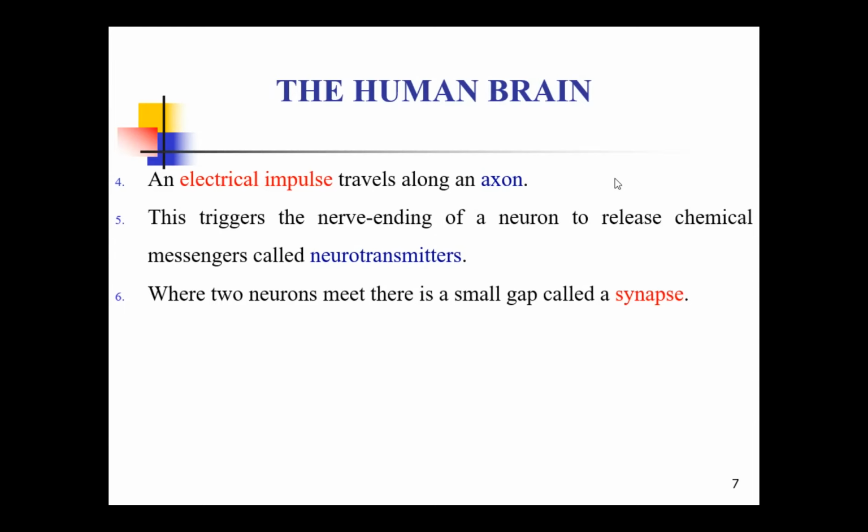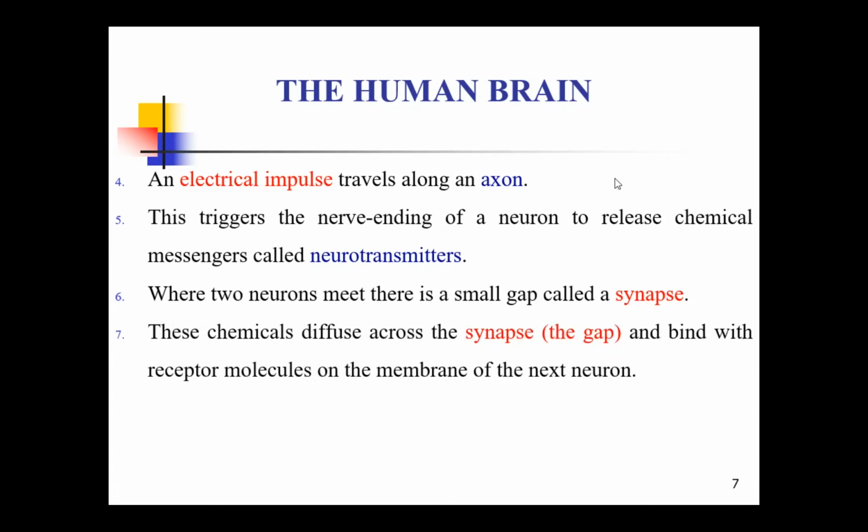When two neurons meet, that is, the axon of one neuron gets connected to the dendrites, there is a small gap called the synapse. These chemicals diffuse across this gap and bind with the receptor molecules of the next neuron, so that the data gets transferred from one neuron to another.